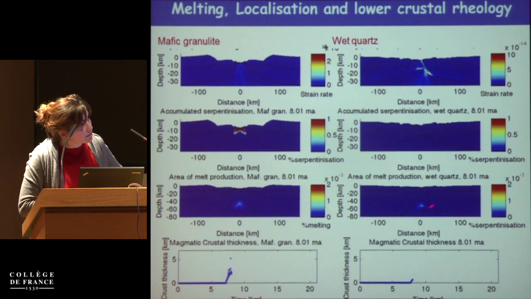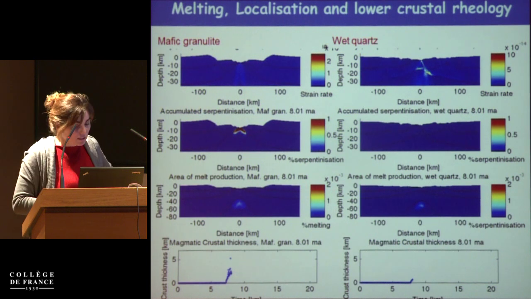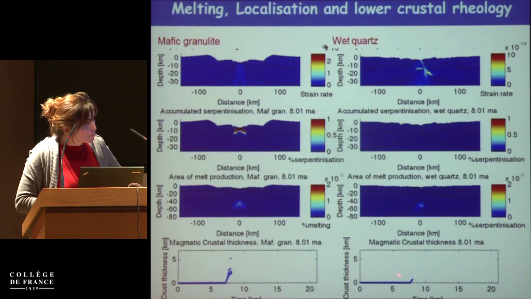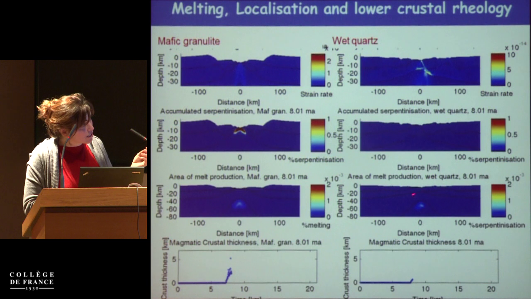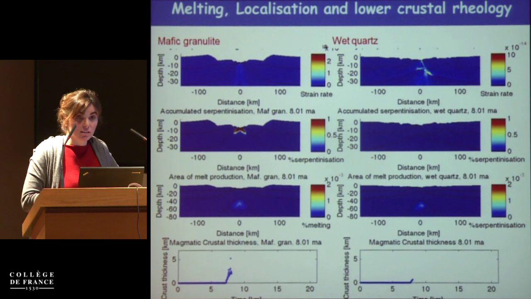Instead, we have started a little bit of melting. But you see that the amount of melting produced here is much less than there, because here the strain coupling between upper crust, lower crust, and mantle is much less than in the case where the lower crustal rheology is strong.